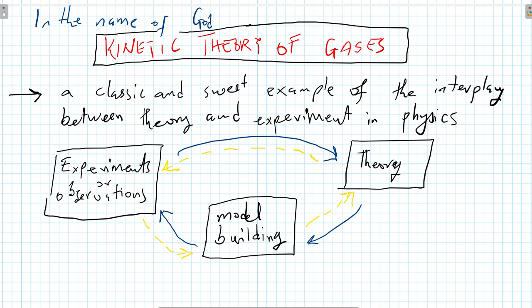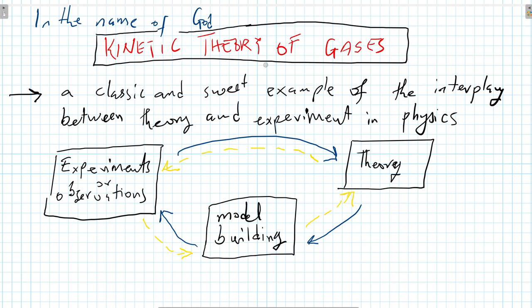Maybe we don't need a pointer; we can consider this blob moving to be a pointer. So I'm going to describe these three things within the subject called kinetic theory of gases.